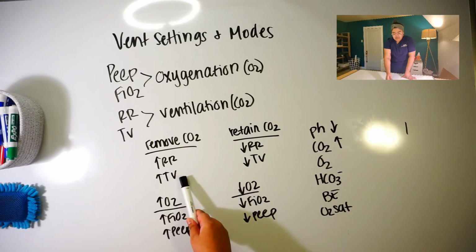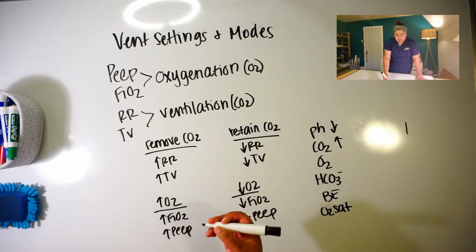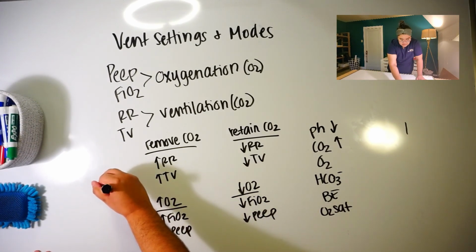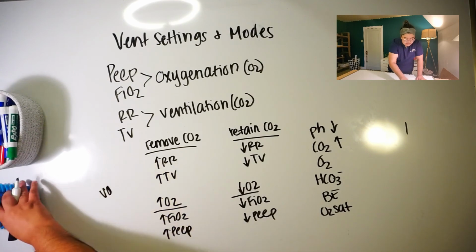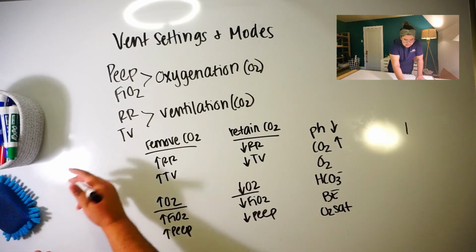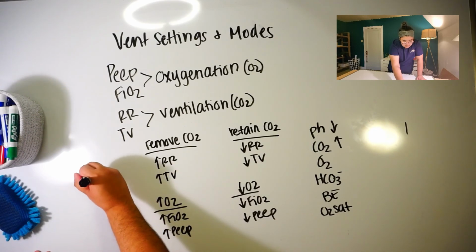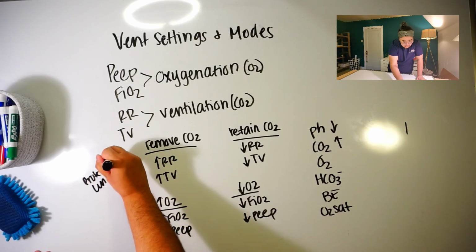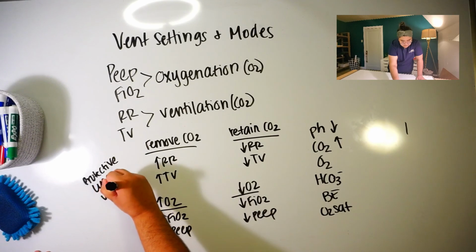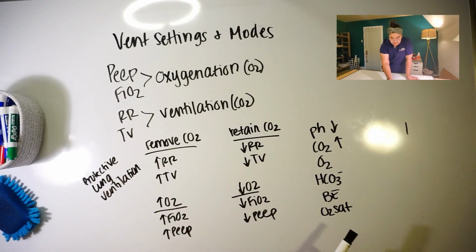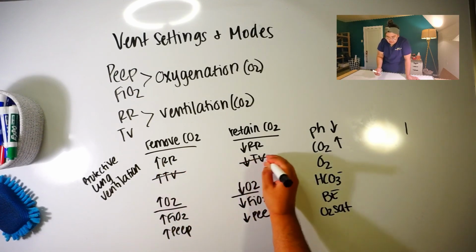Again, we don't really mess with tidal volume too much because remember, we're doing lung protective ventilation, okay? All right, so we may not really mess with this that much, okay?